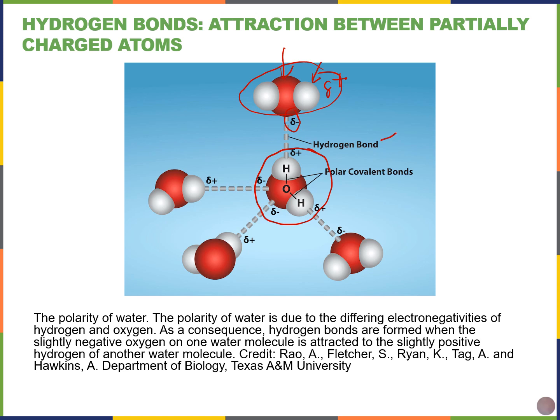Hydrogen bonds form between them due to the partial charge on one water molecule being in close proximity to a partial charge of the opposite charge on the other water molecule. So hydrogen bonds form between water molecules.